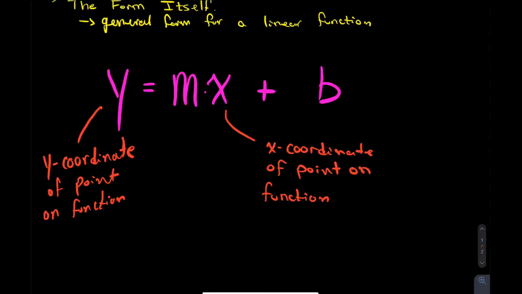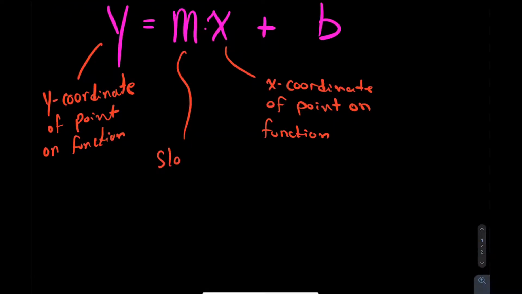Well, what about m? You might remember that this is our slope. This is what we were talking about in the lecture before: slope. We also remember slope is the same as the rate of change.